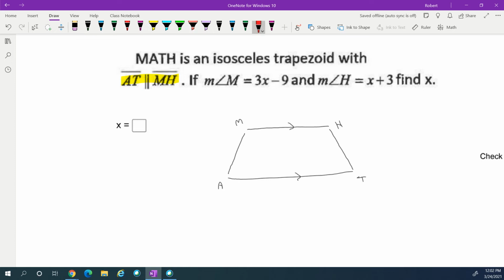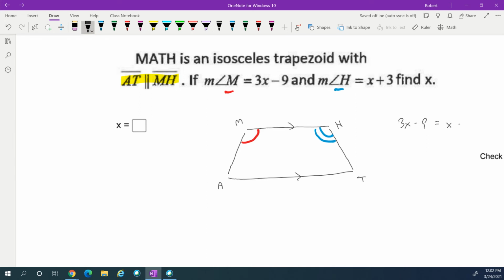We're working with angle M and angle H. These are base angles of an isosceles trapezoid. Base angles are congruent. If our letters were in the wrong spot, we would not have realized that they were base angles.